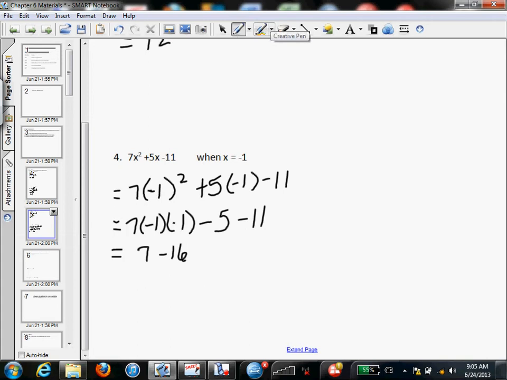No, excuse me. So if we just keep this expression, we have 7 minus 5 is 2, minus 11. And what's 2 minus 11? That's minus 9, or negative 9.